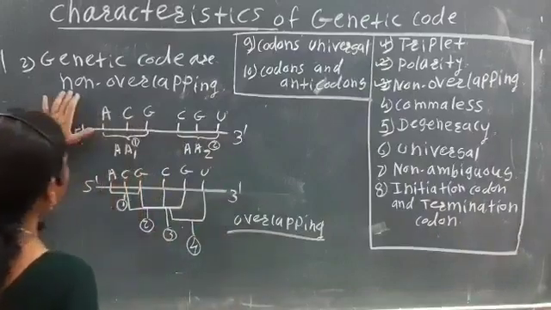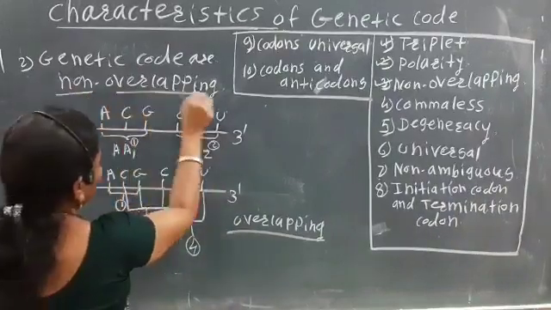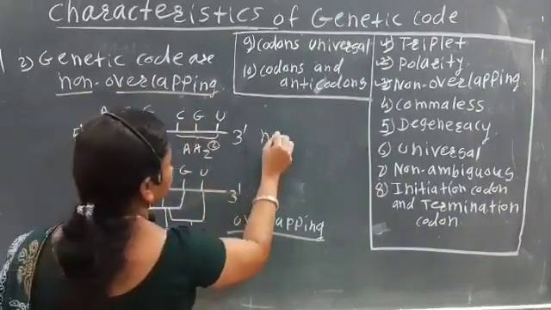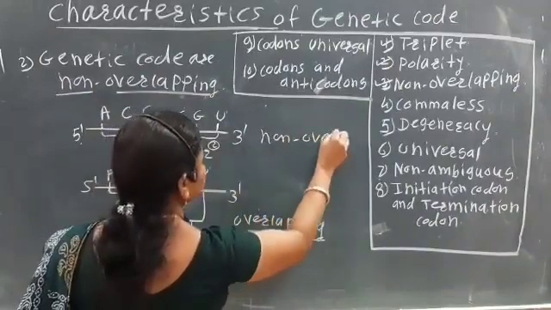But genetic codons are non-overlapping. So this condition is non-overlapping.